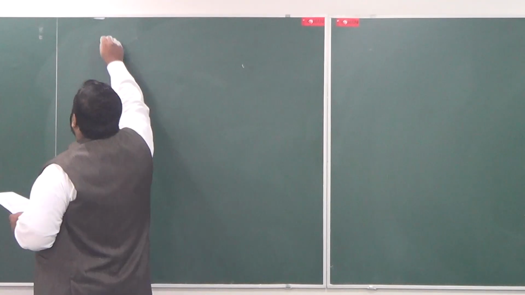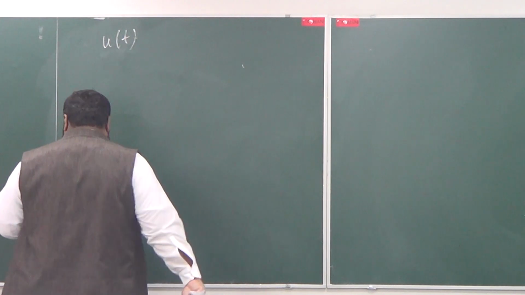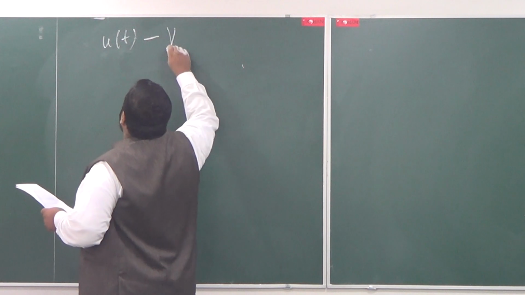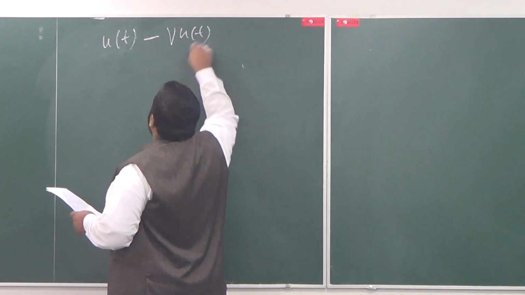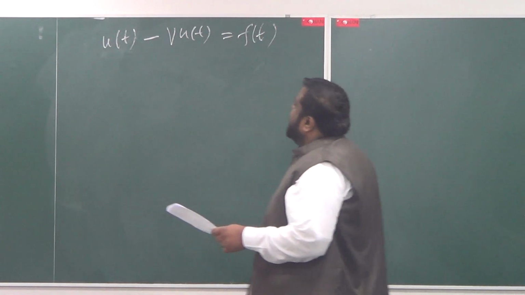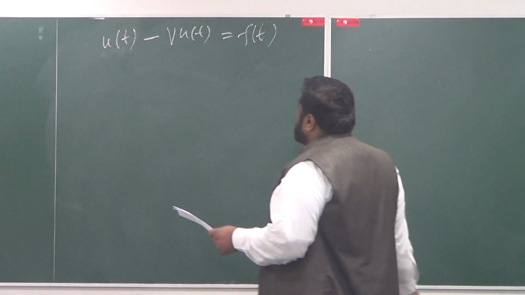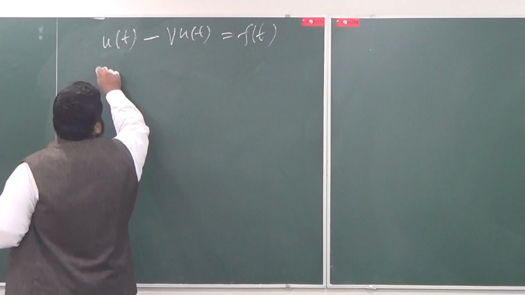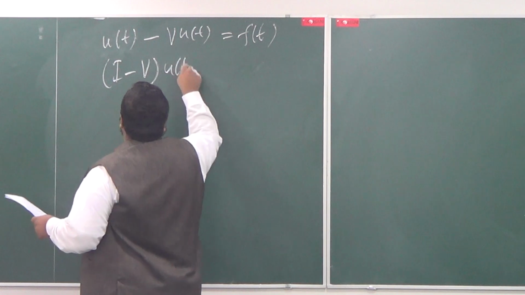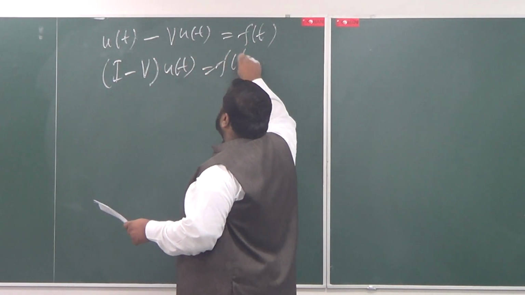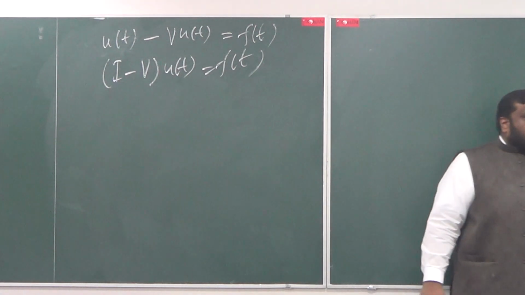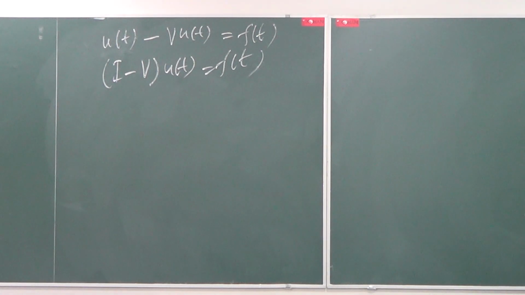So it's going to be u(t) minus Vu(t) equal to f(t). In other words, that's how my abstract equation now looks.